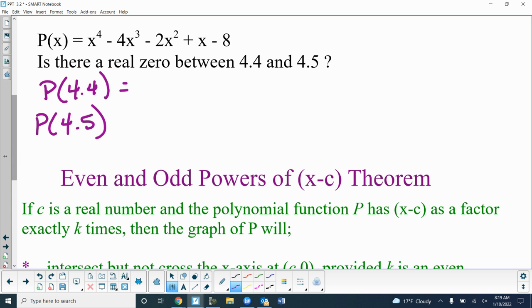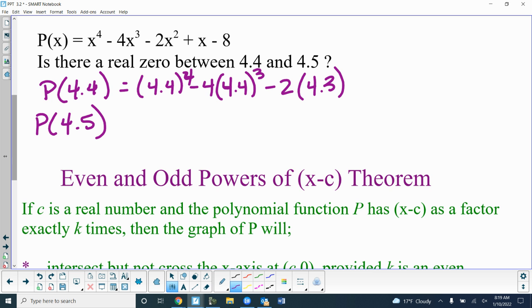So in your calculator, you're going to do 4.4 to the 4th minus 4 times 4.4 to the 3rd minus 2 times 4.4 to the 2nd plus 4.4 minus 8.